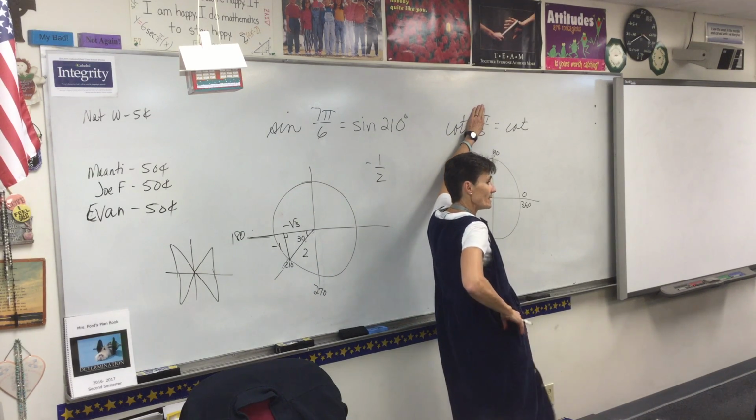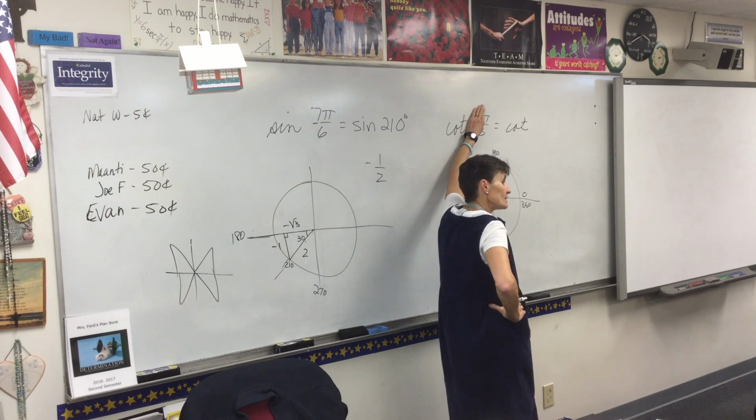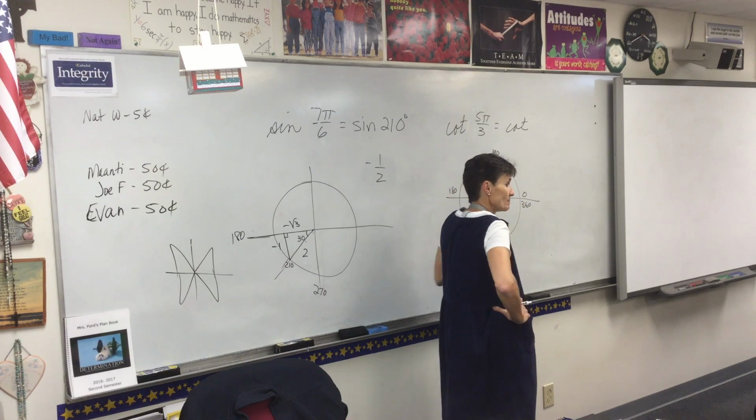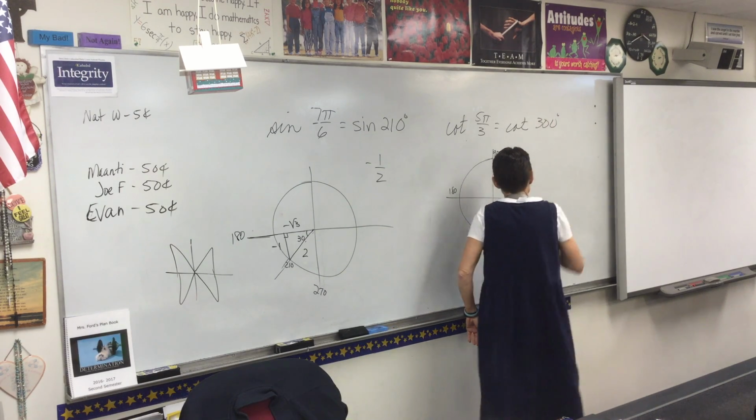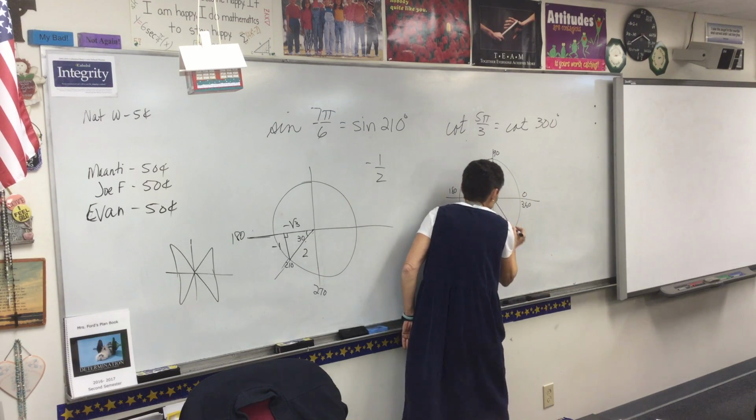Nope. What's 180 divided by 3? 60. 60 times 5. Oh, 300. So this is a 300 degree angle, which puts me over here.